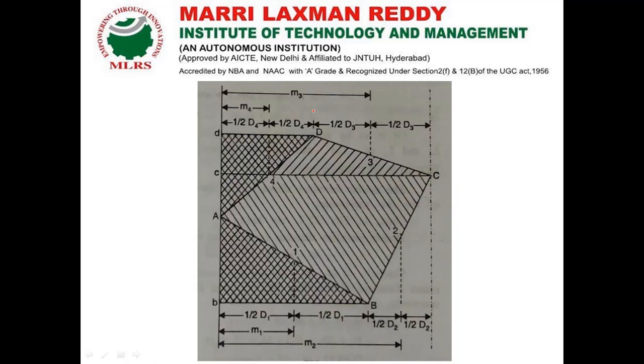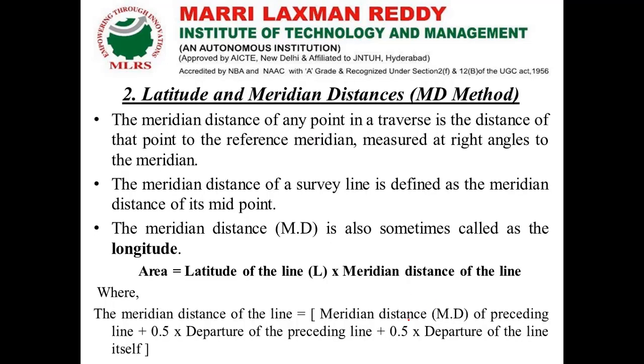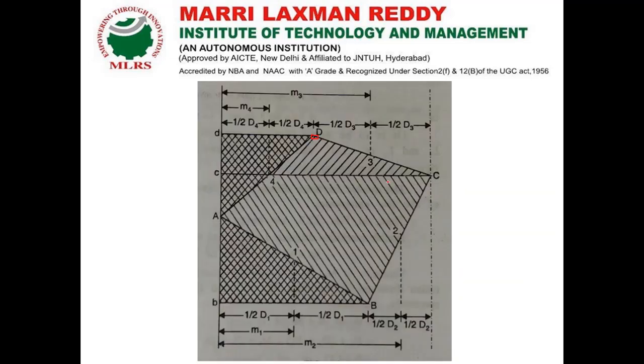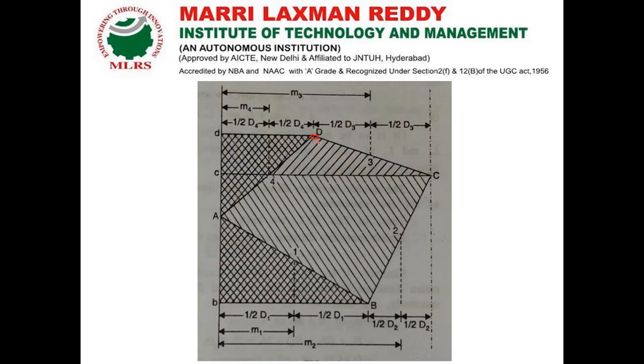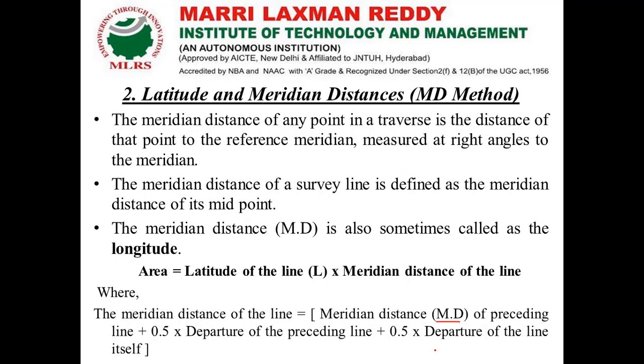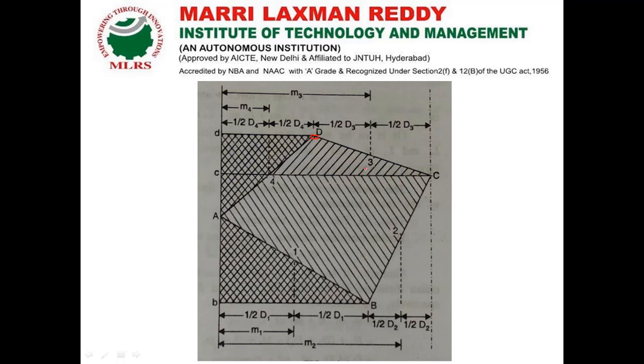Which means, if I need the point here, I need the meridian distance of the preceding line, plus 0.5 into departure of the preceding line, plus 0.5 into departure of the line itself, previous and next line. So these things I need, and while explaining the problem we can understand.